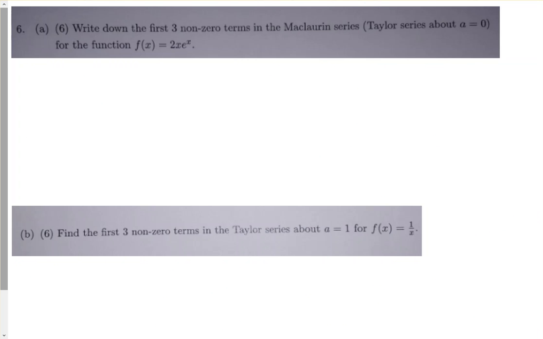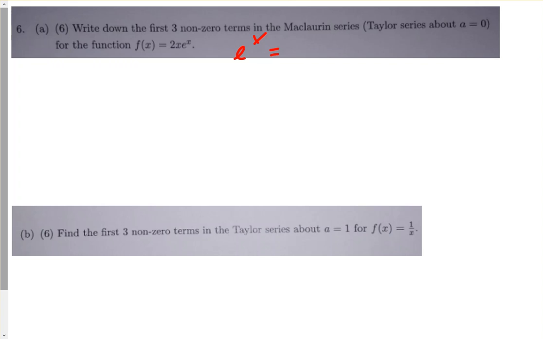6a. Write down the first three non-zero terms of the Maclaurin series for the function f of x equals 2x e to the x. Okay, so it helps if you know what e to the x is. Right, if you know what e to the x is, it makes things a whole lot easier.